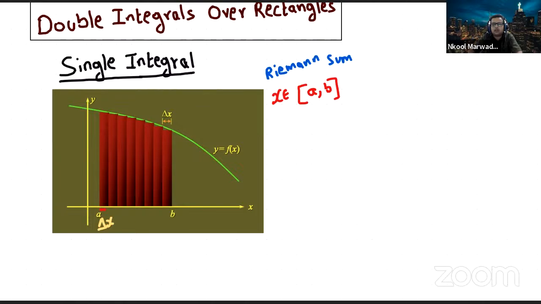So this is the idea. And we are breaking this region a to b into n parts. So delta x we got. Now this is the delta x in the graph.